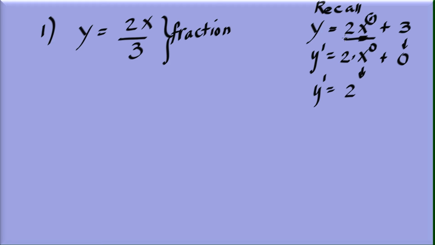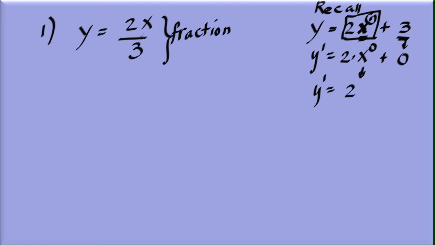So you can see that when you have a constant 2 next to the variable x, which is understood to be raised to the first power, its derivative is simply the numerical coefficient 2, okay, in this case. And again, this is a constant. Its derivative is always 0. One more important thing: if the variable x is in the numerator, then you can use the power rule.